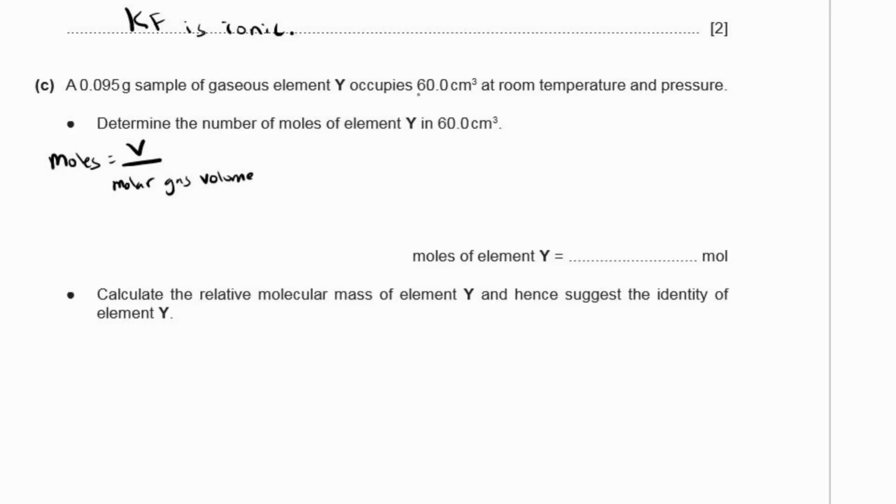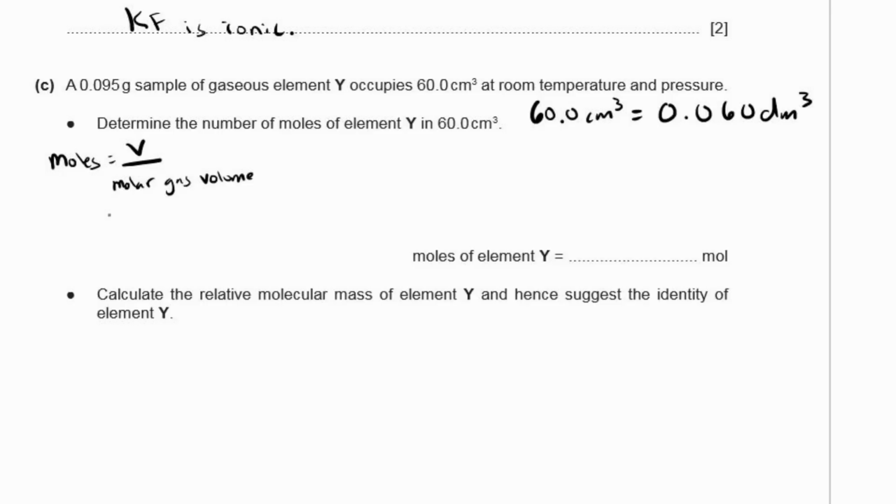Now if you look at this, the volume they give you is 60.0 centimeters cubed. But when you're talking about molar gas volumes, you want it in decimeters cubed. So 60.0 centimeters cubed equals 0.060 decimeters cubed. Okay? All right.